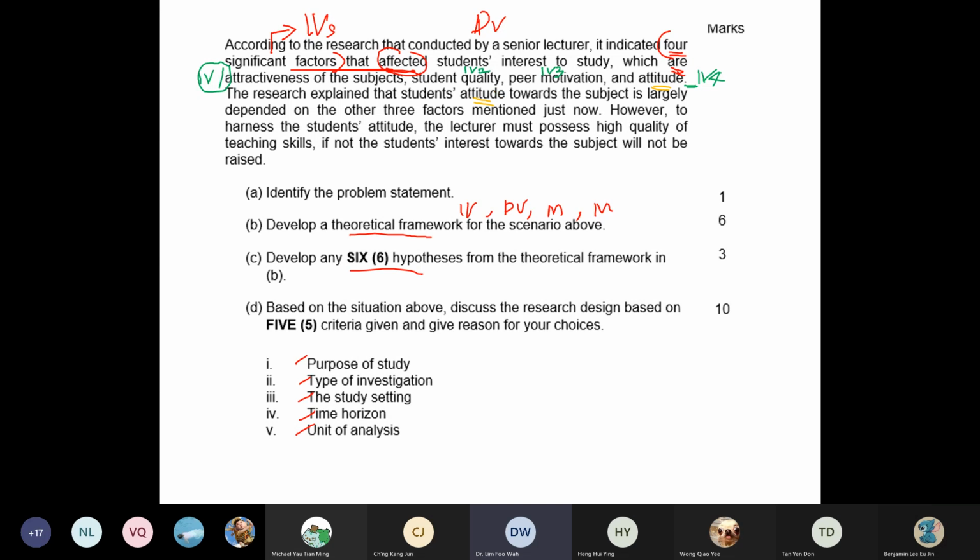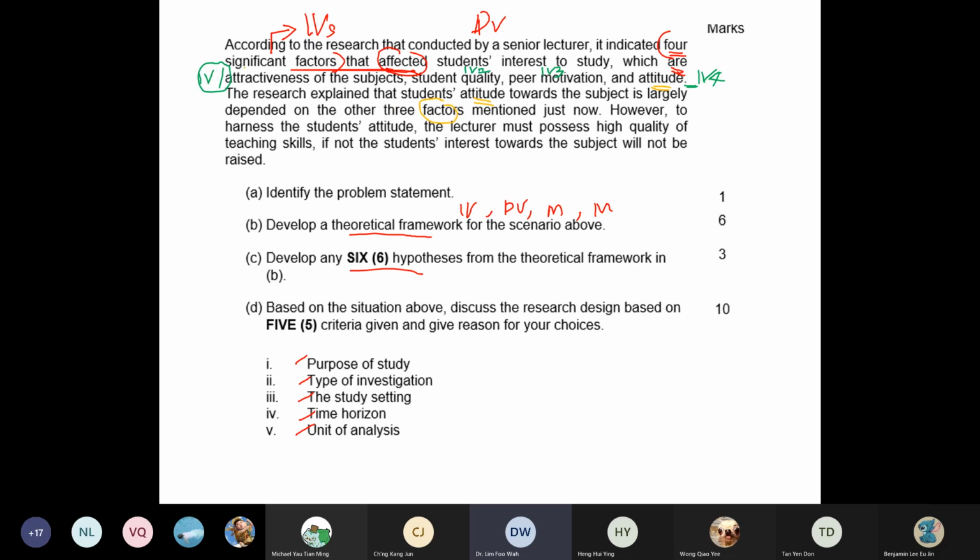Because they purposely mentioned the attitude. Attitude toward the subject is largely dependent on the other three factors. That means it depends on the other three variables.